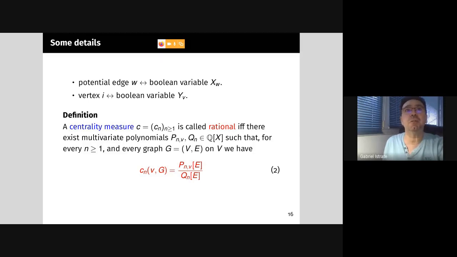Also, a vertex will be encoded as a Boolean variable, which is 1 if the vertex is present in a coalition and 0 otherwise. And I'm going to say that a centrality measure is rational if it's the quotient of 2 polynomials with rational coefficients. Okay? So that's the definition of a rational centrality measure.